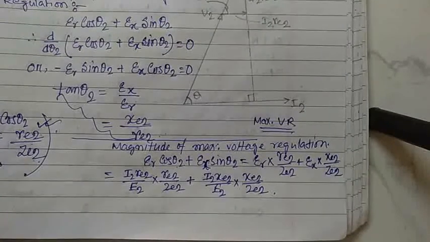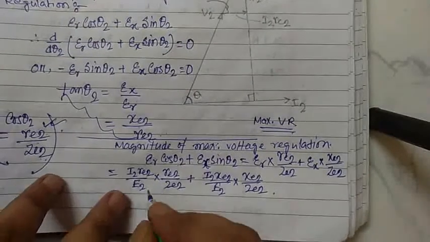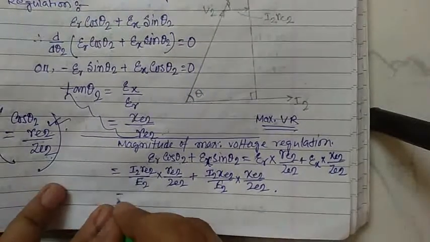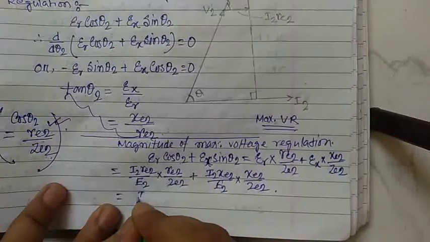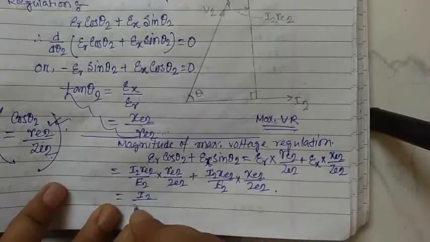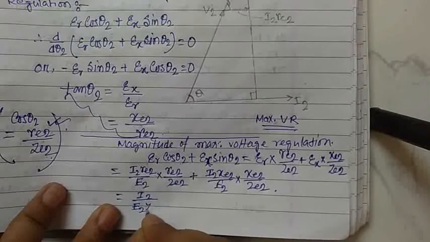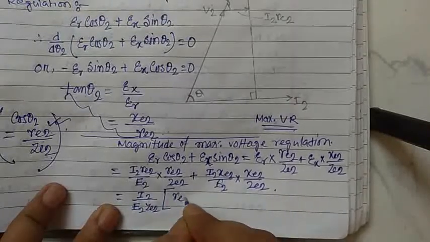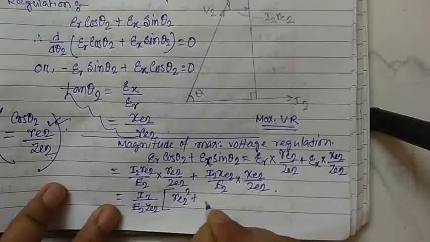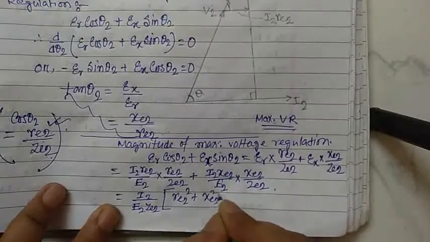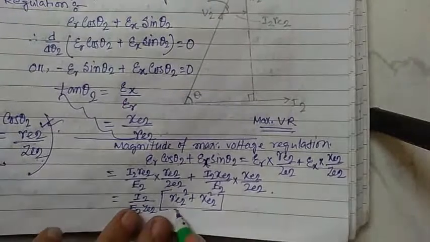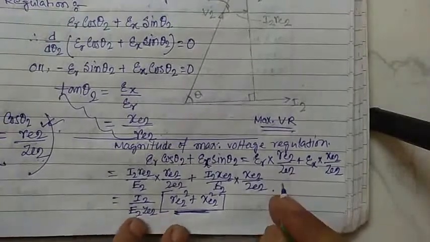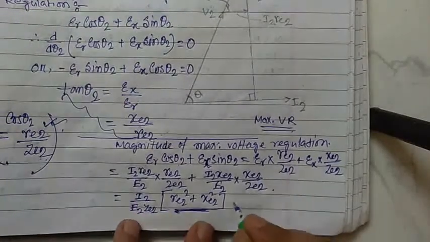That equation can be written as I2 divided by E2 Ze2 into (R square plus X square), which is nothing but Ze2 square.